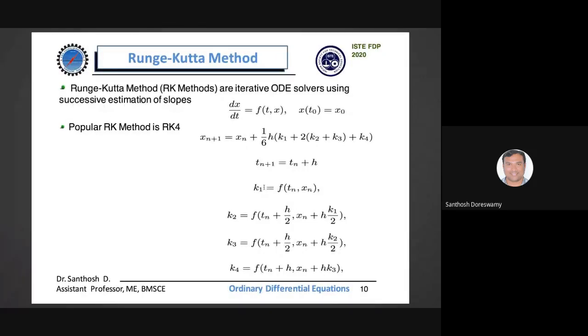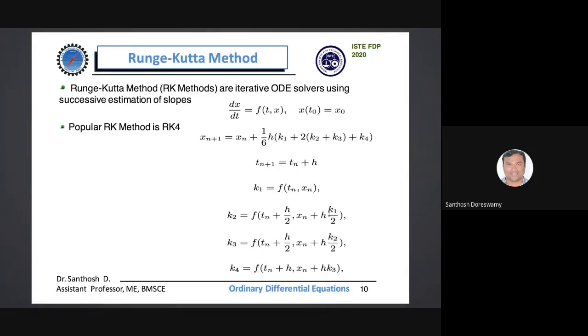Now k1 is evaluated at the starting time step, k4 is evaluated at the end of the interval tn plus 1, whereas k2 and k3 are evaluated at half the interval, which is h by 2, or half the time step.